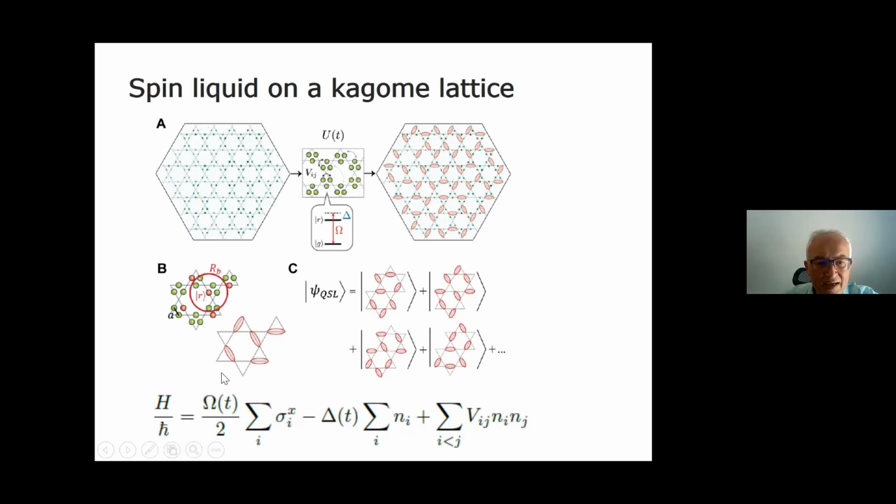And we can arrange the blockade radius so that the 3 closest atoms are fully blockaded, but there's also an effect on the next 6 atoms away from these 3 atoms, as shown in this picture B. So basically what we expect is that on each of these 3-atom subunits, we have just one Rydberg atom, but which atom is excited is completely random, or could be any of these 3 atoms.